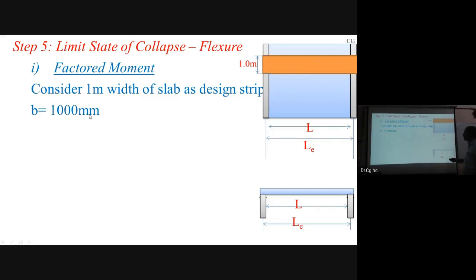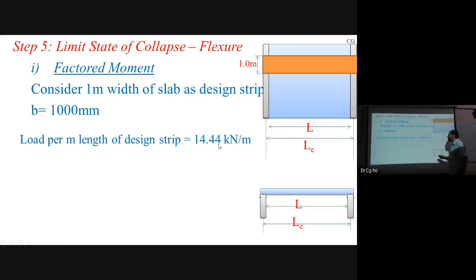Load per meter length of design strip is equal to 14.44, because previously we got 14.44 kilonewton per meter square. Now we are considering this 1 meter, therefore if we multiply by 1 meter, it comes to kilonewton per meter.